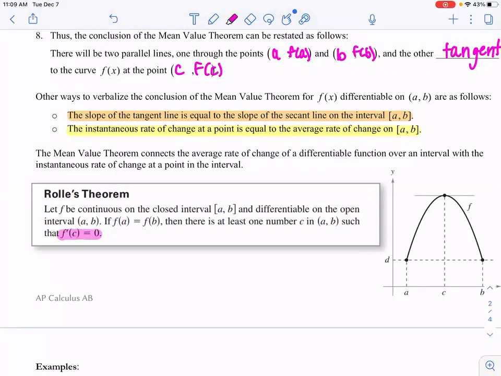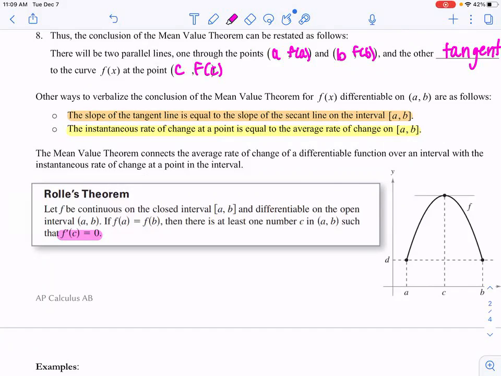Our slope is specifically 0. So our function values are going to be the same, which means our average rate of change is 0, and so our slope is going to also be 0. If you can do mean value theorem, then you can do Rolle's. For Rolle's theorem, they need to be the same function height.